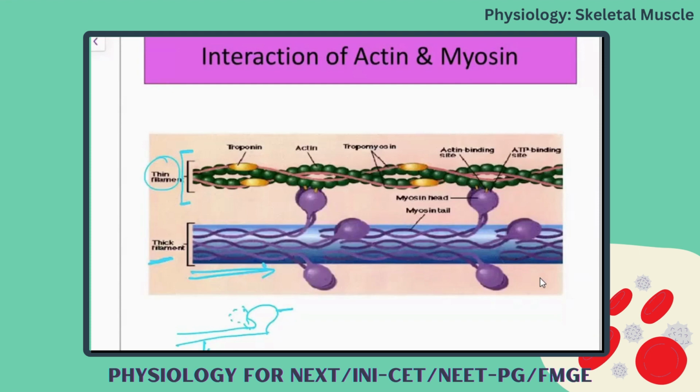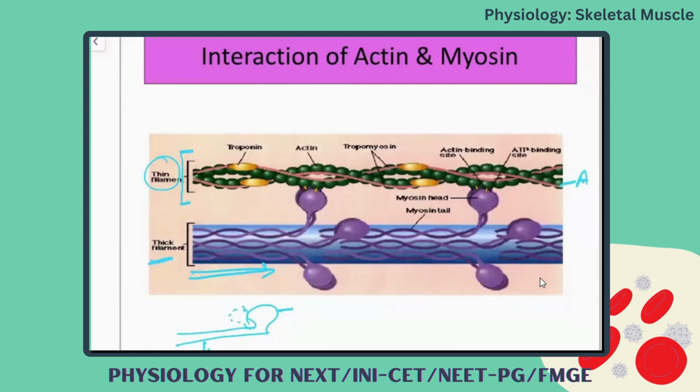So what are all the thin filaments? Actin, troponin and tropomyosin. So this green colored bead-like structures, they are the actin. Okay, and in between that you have a thread like this orange colored structures. They are the tropomyosin.